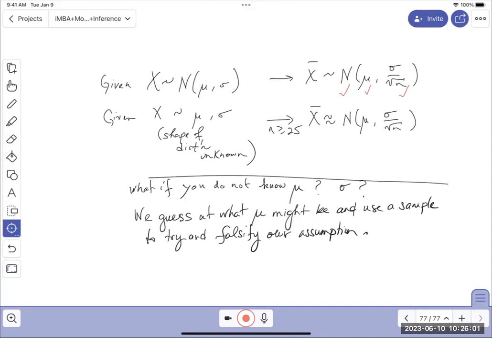And then we use a sample and we collect a good sample. And we try and falsify our assumption.